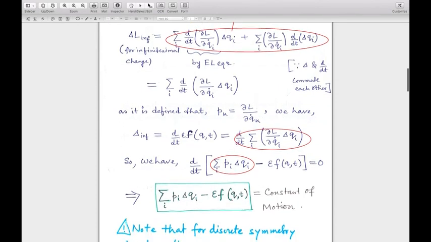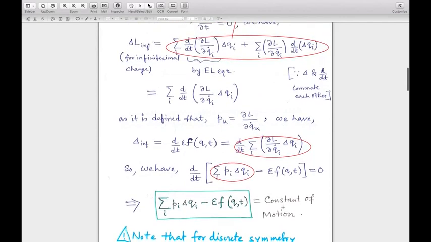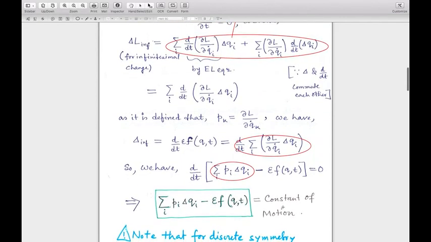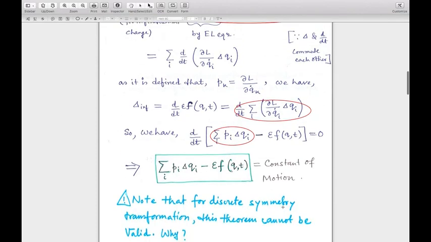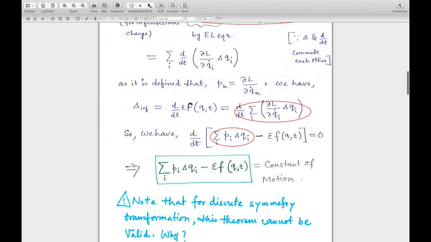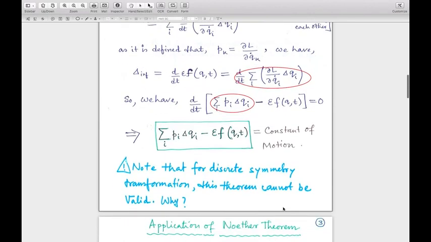So finally you see that we started by saying that we are assuming that our Lagrangian is undergoing some symmetric transformation, an additive type of symmetric transformation, and finally we showed that corresponding to that transformation we have a constant of motion.